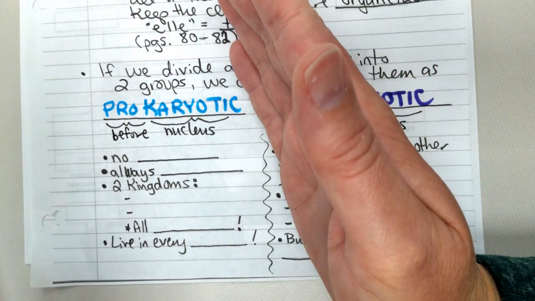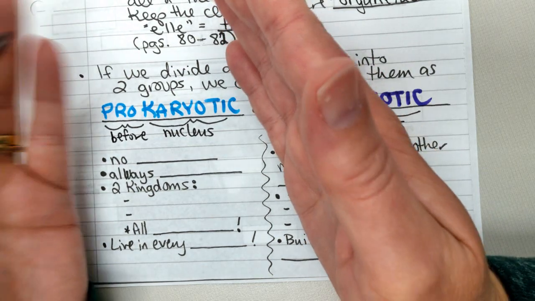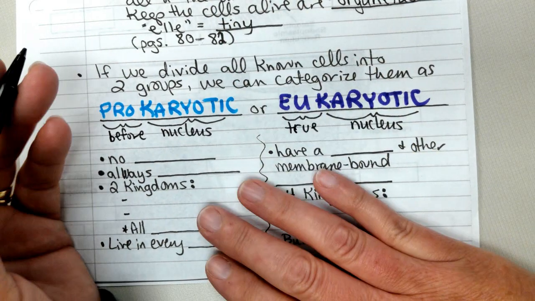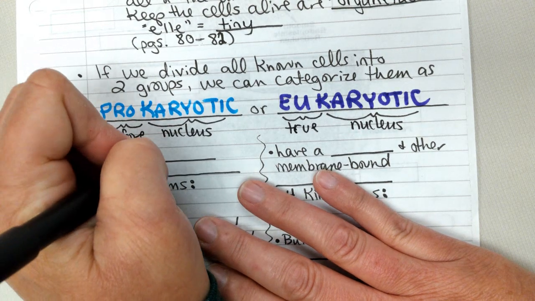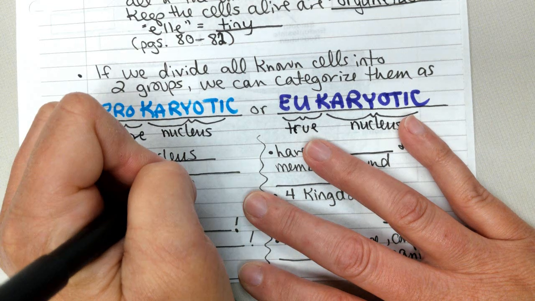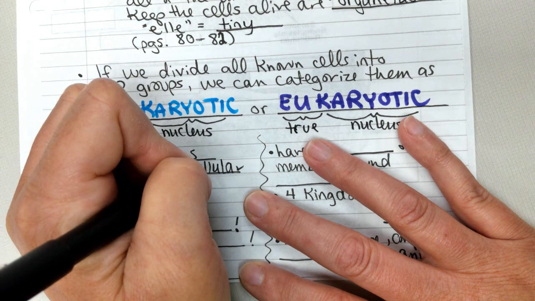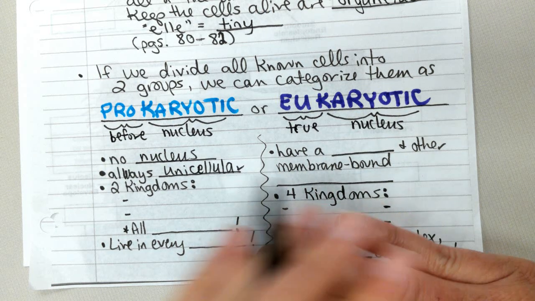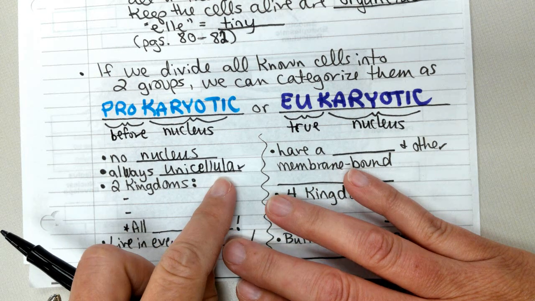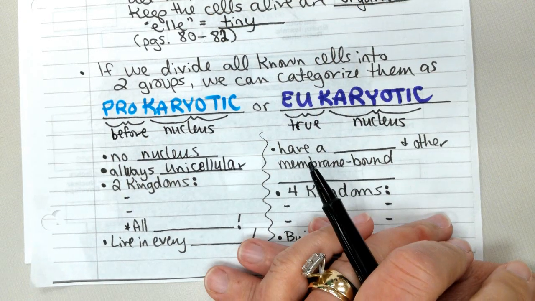So prokaryotic, we already talked about microbiology. Prokaryotes, they're all the cells on Earth that we know of that have no nucleus. They are always unicellular. They're not protecting their DNA. They're not going to have an extremely long lifespan where they are going to be able to become a multicellular big organism.